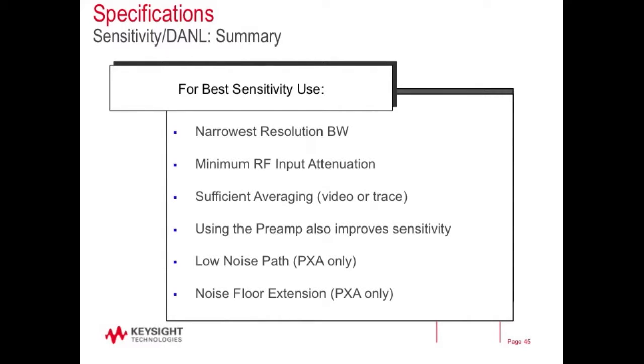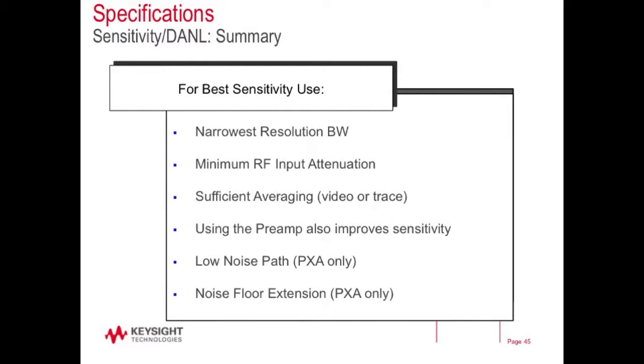And then we have another methodology called noise floor extension. If you want the ultimate performance, you can combine the preamp with the noise floor extension and basically get below kTB.